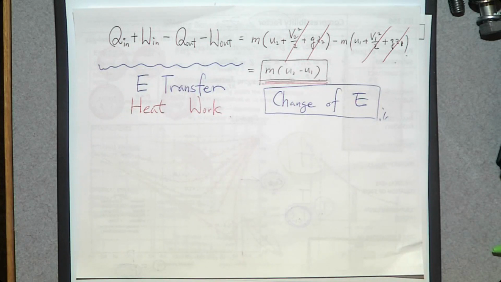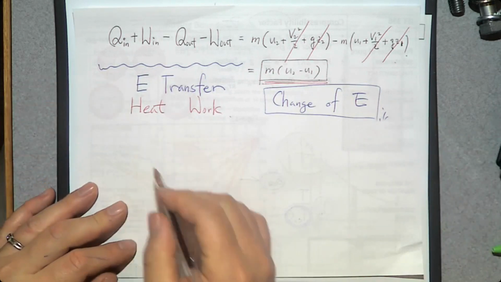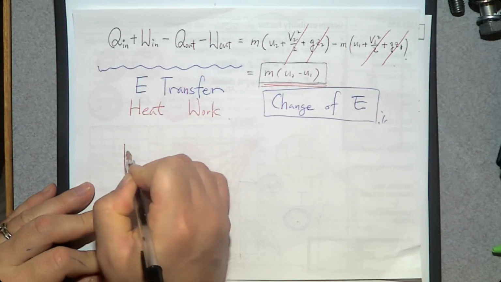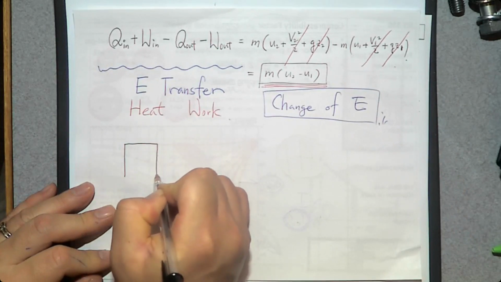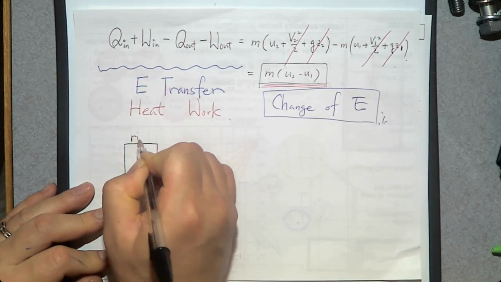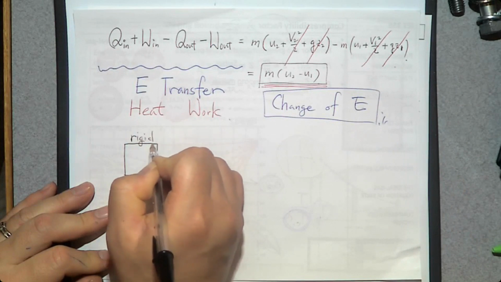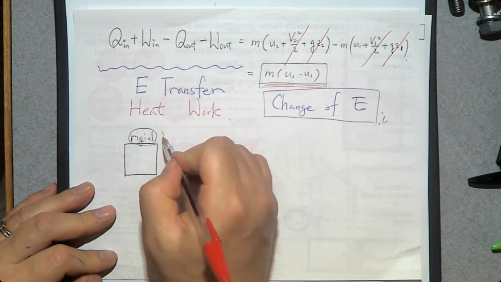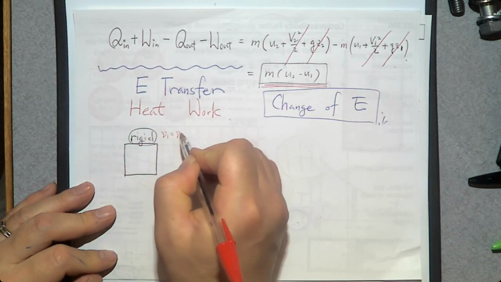Then let's think about two examples. I'm going to give you two examples, and one thing that we cannot explain by using this energy balance equation. The first one is I have a rigid container. What does rigid container mean? Volume is constant. V1 is the same as V2.